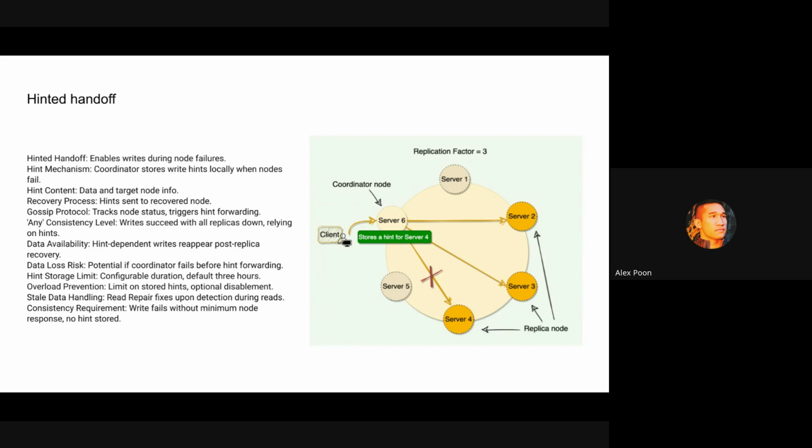This is assuming that the coordinator node is up when the replica node comes back. This also means that we can lose our data if the coordinator node dies and never comes back. For this reason, we should avoid using the any consistency level.